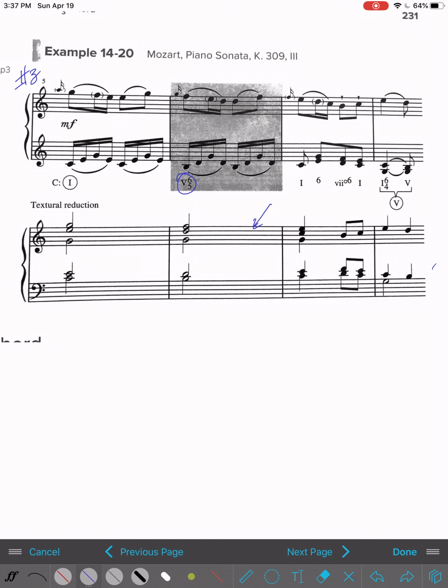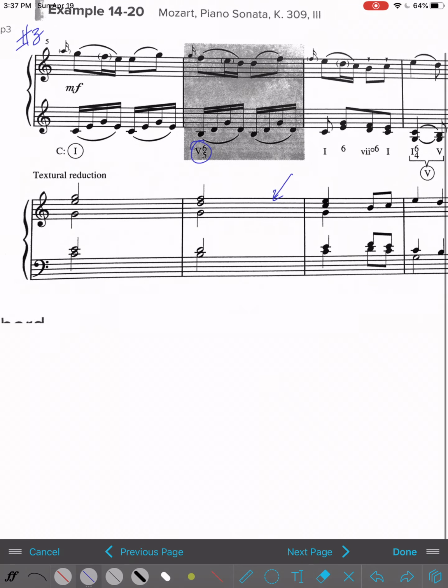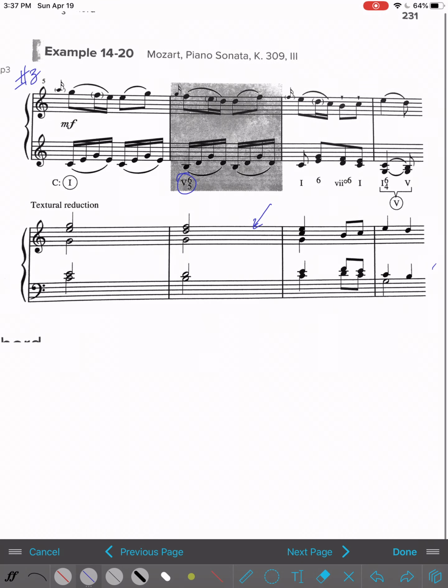And let's find the seventh of the chord. So this is the seventh of the chord up here. This F, we're in the key of C major, right? So this is the seventh of the chord, chord in first inversion.